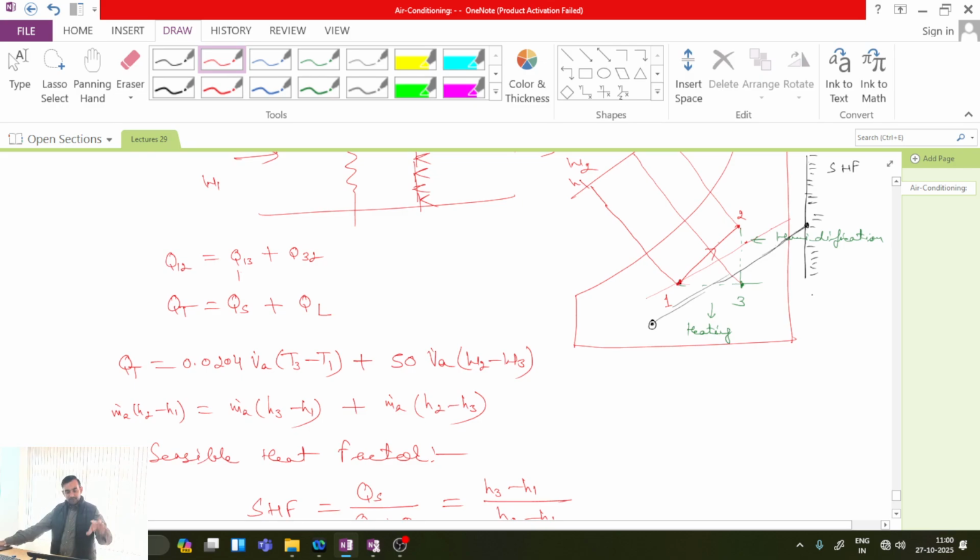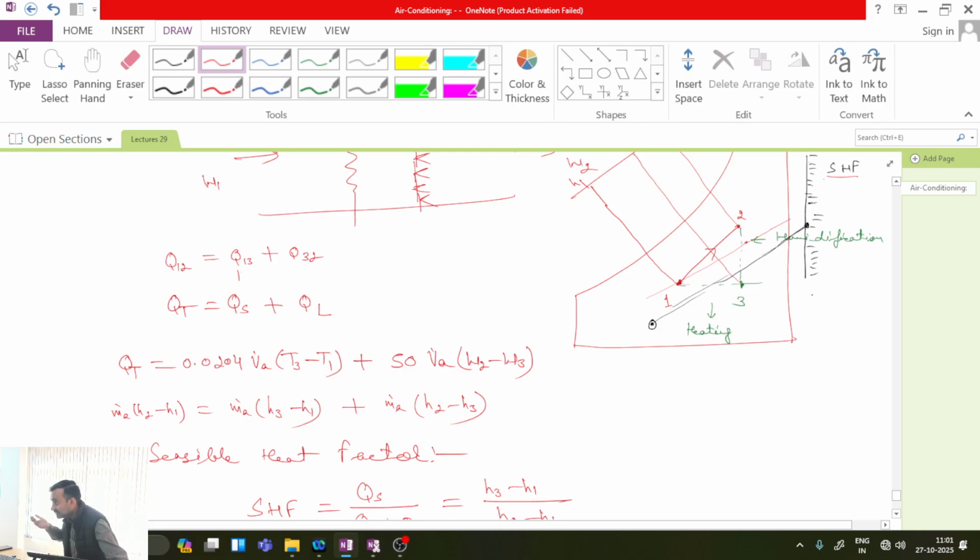Okay. So from basic theoretical understanding, we found that sensible heat factor is nothing but a function of the slope. And that important parameter is usually presented in the generalized psychometric chart with the help of a sensible heat factor scale. Behind the specific humidity scale on the psychometric chart, you will find one more scale where SHF is written.